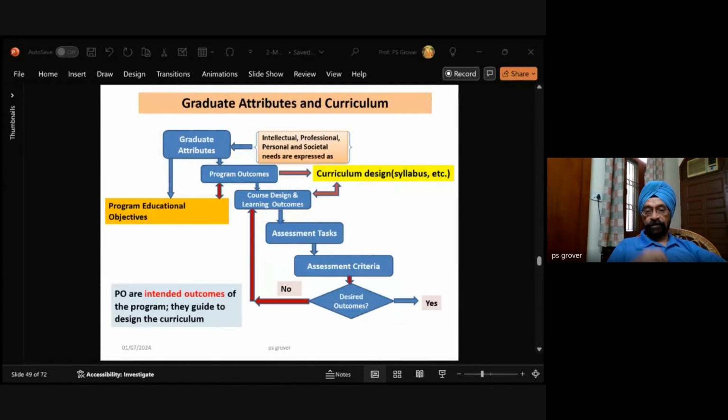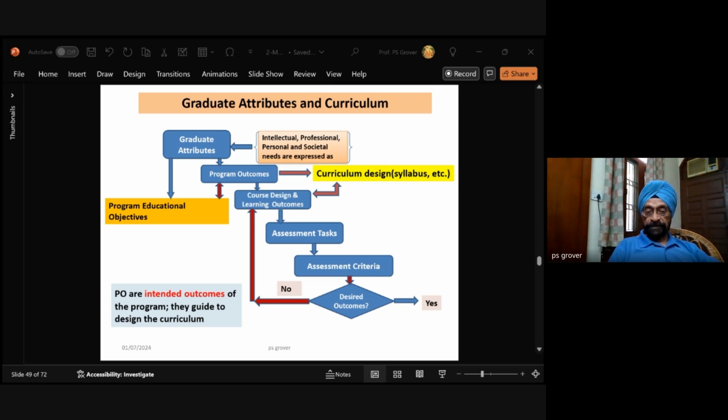When I prepare the curriculum, then my curriculum should meet these 11 POs for the BTech program. Why should you do that? I'm repeating: you do it because I want the student to acquire certain skills. My assignment and my assessment should be such that those program outcomes are met.